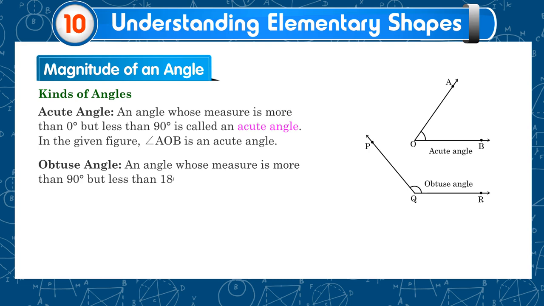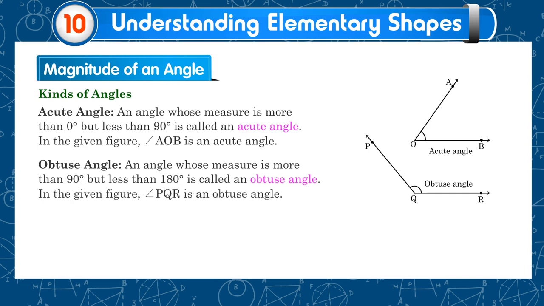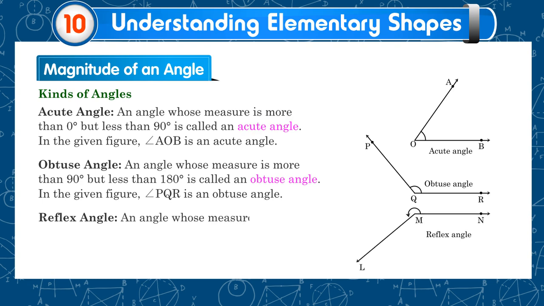In the given figure, angle PQR is an obtuse angle. Reflex angle. An angle whose measure is more than 180 degree but less than 360 degree is called a reflex angle. In the given figure, angle LMN is a reflex angle.